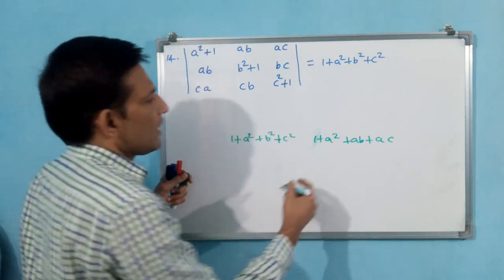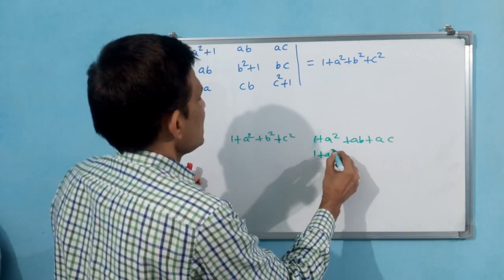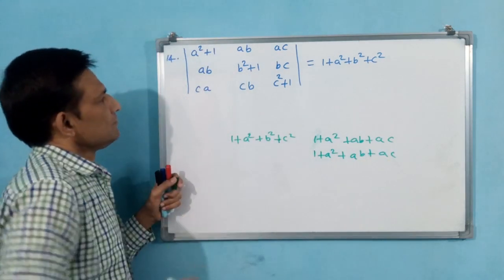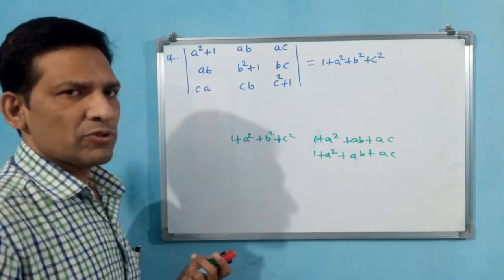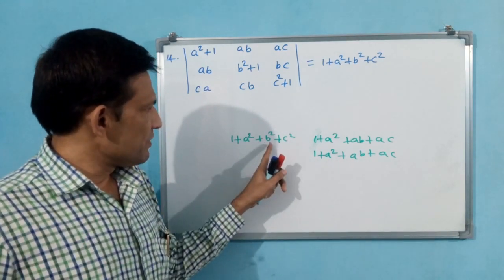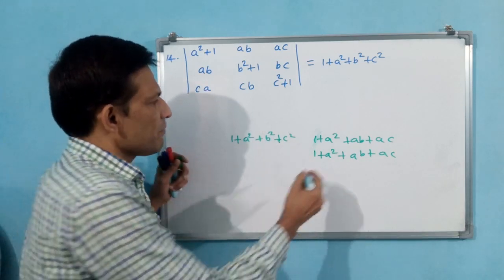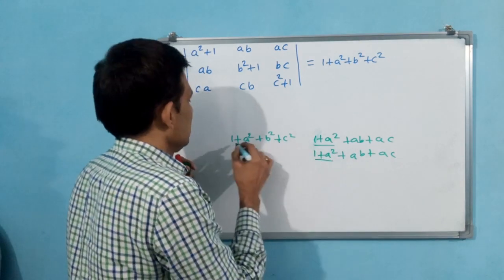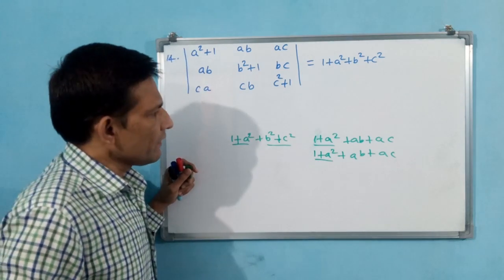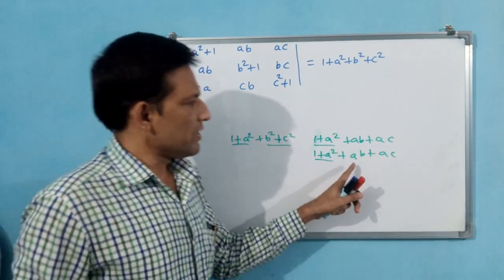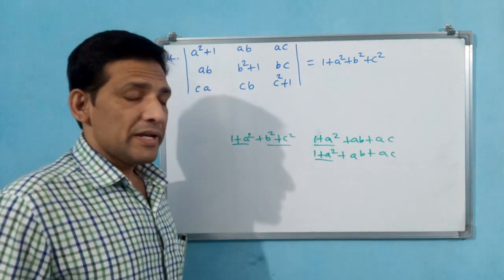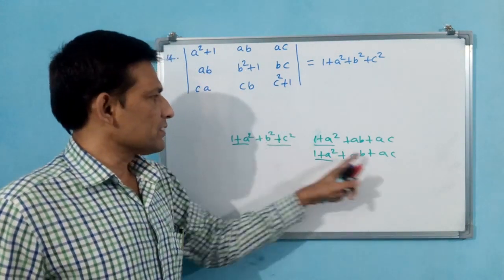Or else if you take the column, 1 plus a square, ab, ac, both are the same. AC or CA, both are the same. That means 1 plus a square matched. But what about b square plus c square? Rather than b square and c square, AB and AC are there.